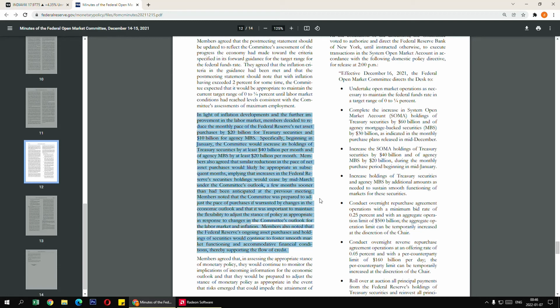The committee members have decided to reduce the monthly pace, which means, in short, for someone with basic knowledge, they are going to reduce the pace of printing money.